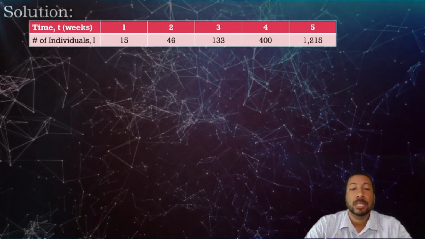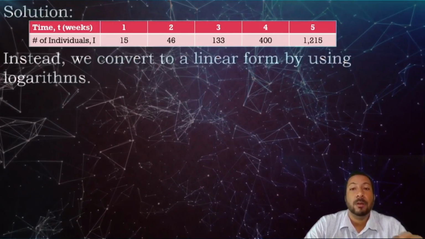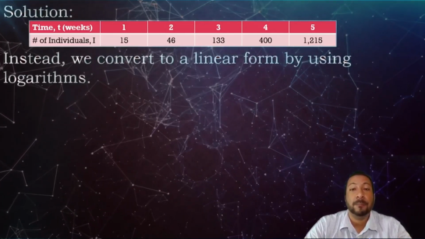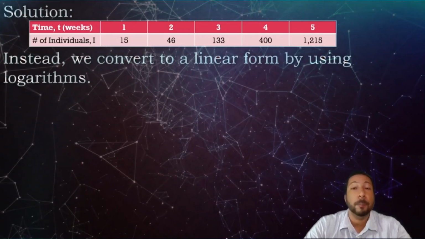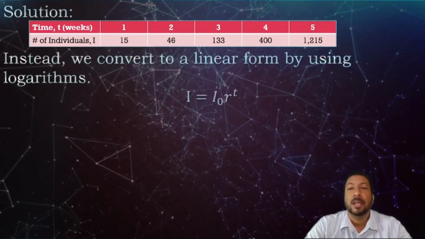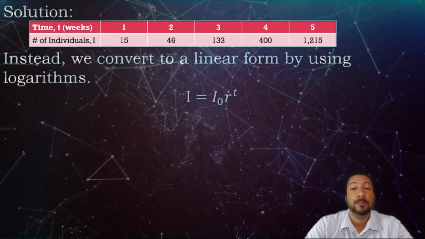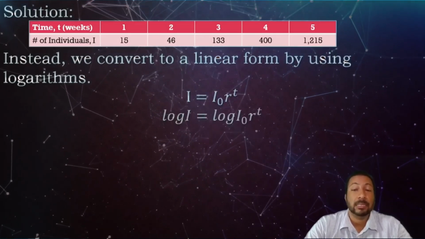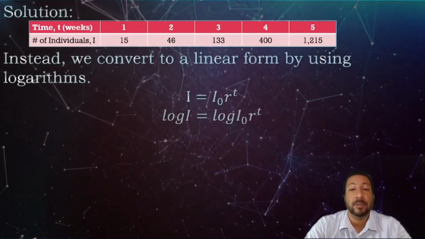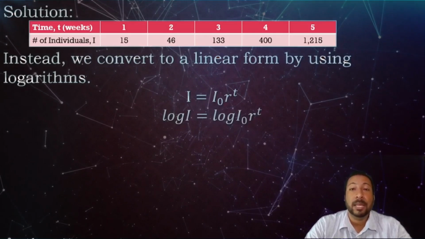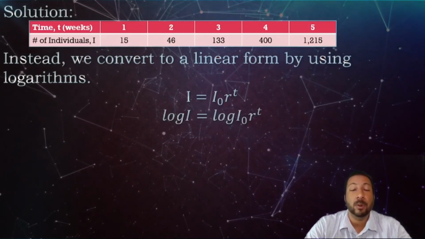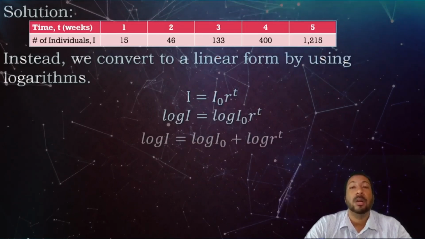So our solution is to take our original formula and convert it to a linear form by using logarithms. So our formula is I is equal to I naught times r to the t power. Taking logs of both sides and then applying our laws of logarithms, if we are multiplying I naught times r to the t power, then we can add those two logarithms.